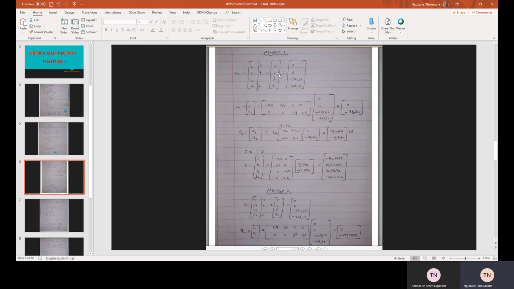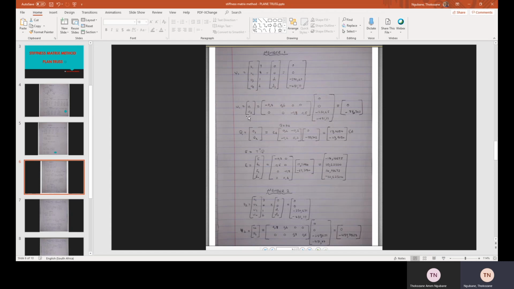For member 8, we don't have any force, so we have 0. For member 1, remember we have a force, that's why we have D1 here. We also calculated D1. On node 2 we have a downward force, which I think was minus 80. That's why I have D2 here. Then we put 0, 0, and our previously calculated values for D1 and D2, and then we go to V.